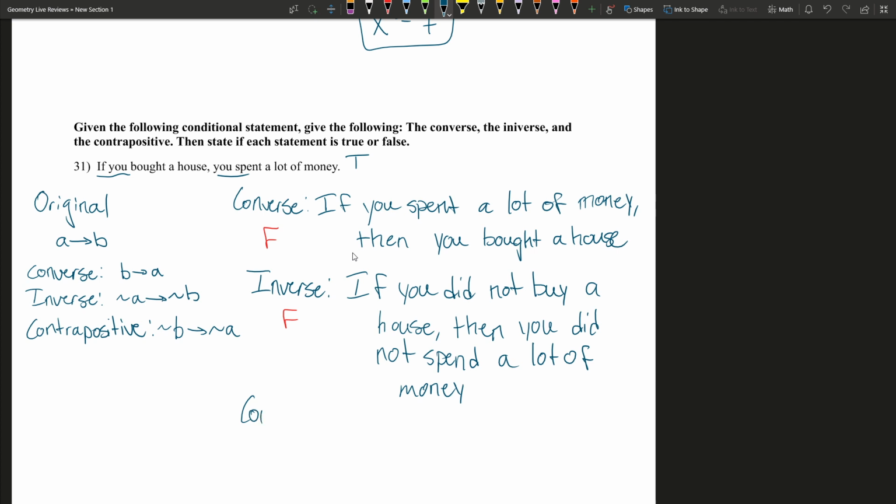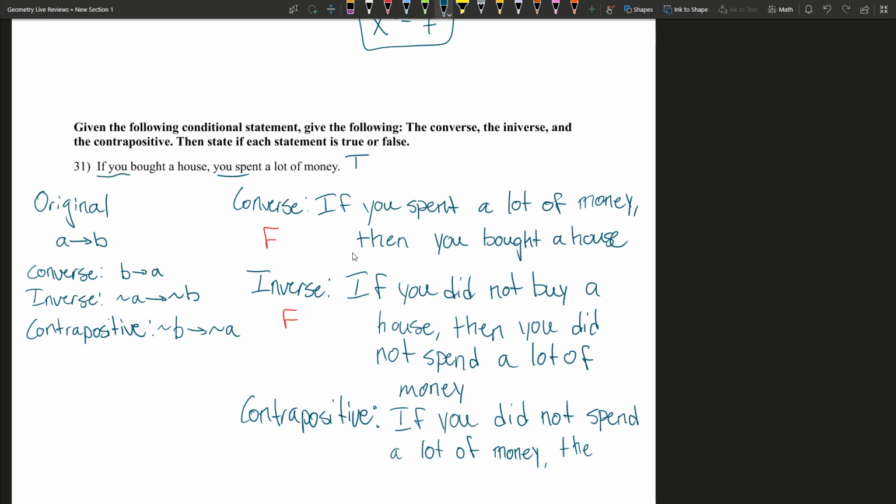And the contrapositive is if you did not spend a lot of money, then you did not buy a house.